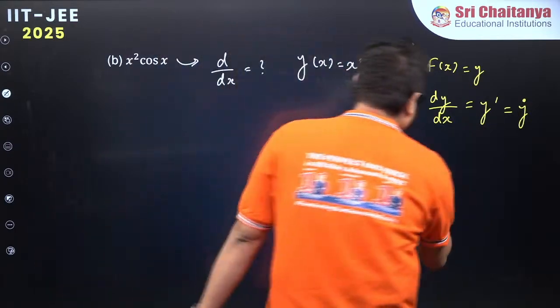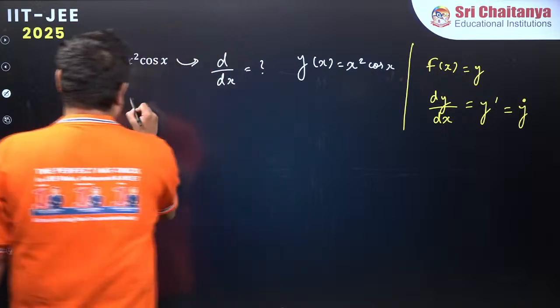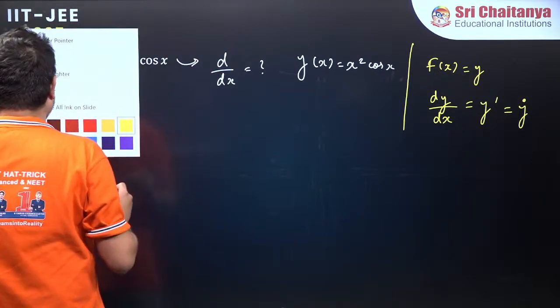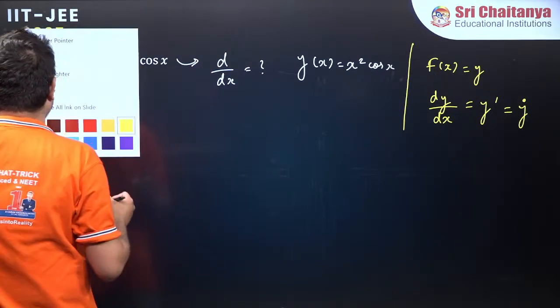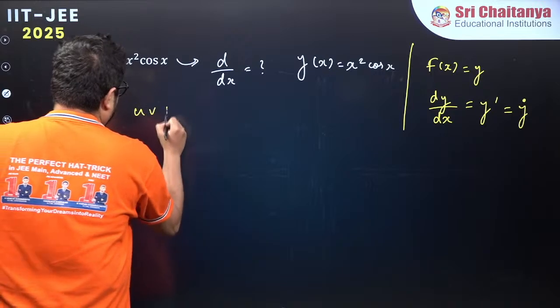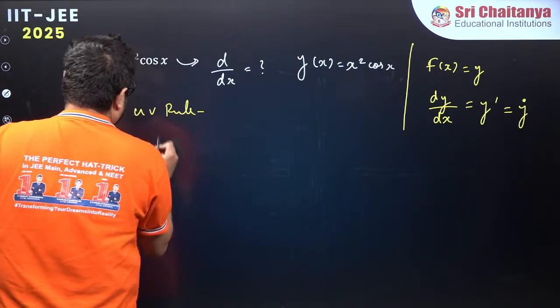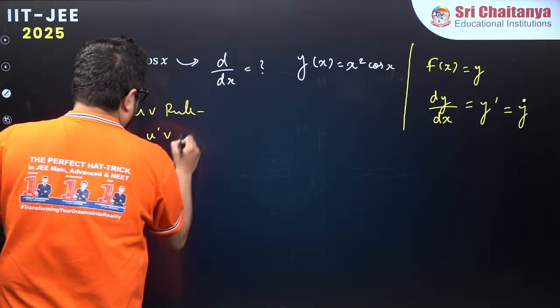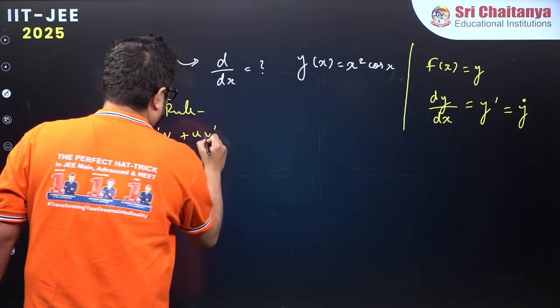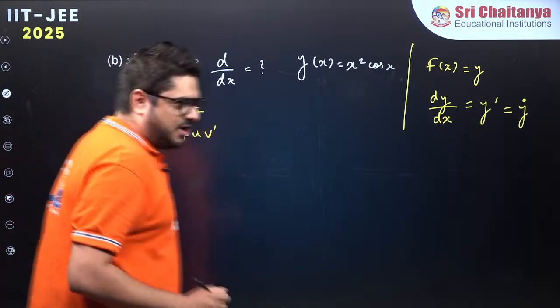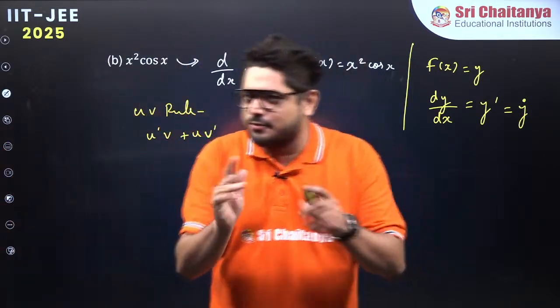Now what is this UV rule? Let me give you a recap of what we discussed in the previous class. The UV rule means U dash V plus U V dash. U and V are two variables.